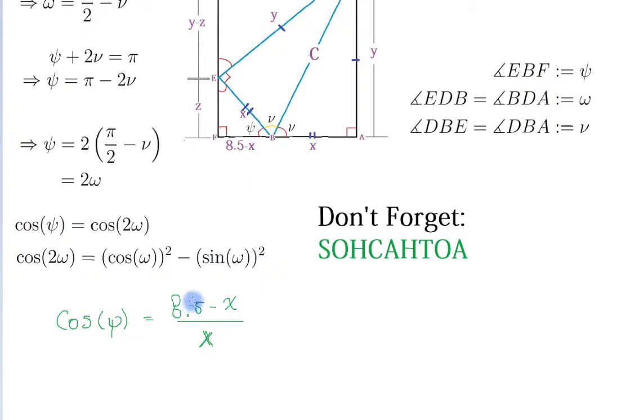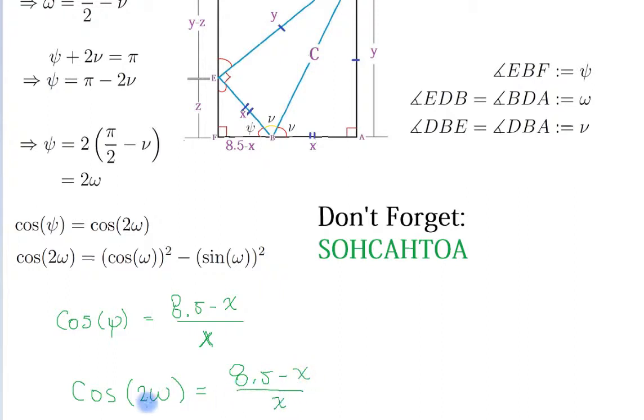Now, what this means is that cosine of 2 omega equals 8.5 minus x over x.